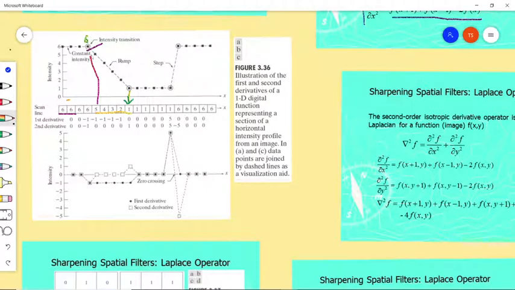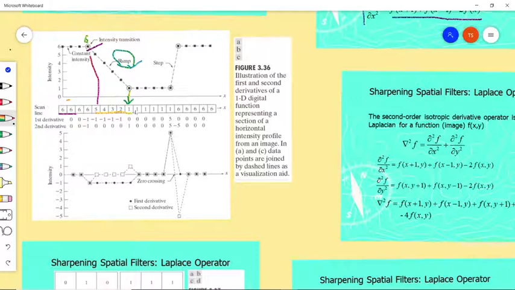So this type of edge we are calling a ramp edge. Whenever it is falling down from a certain constant intensity, with the transition position at 6, whenever the edge is falling down, the pixel values are falling down, then that is called the ramp.